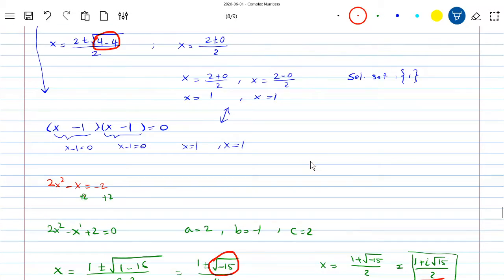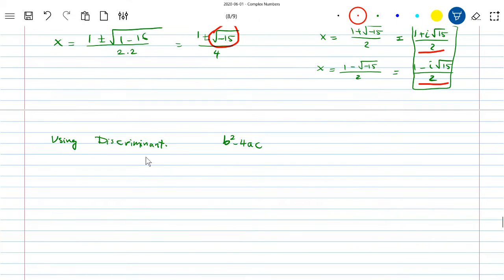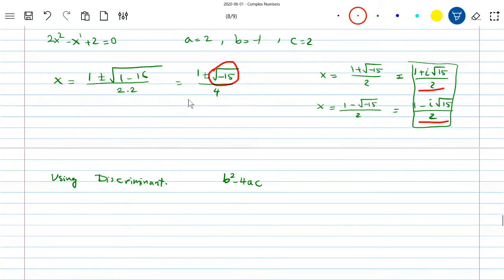So what I can say is, using the discriminant, which is what is underneath the square root, the discriminant is basically b squared minus 4ac. This is what is underneath the square root in the quadratic formula: minus b plus or minus square root of b squared minus 4ac, divided by 2a.